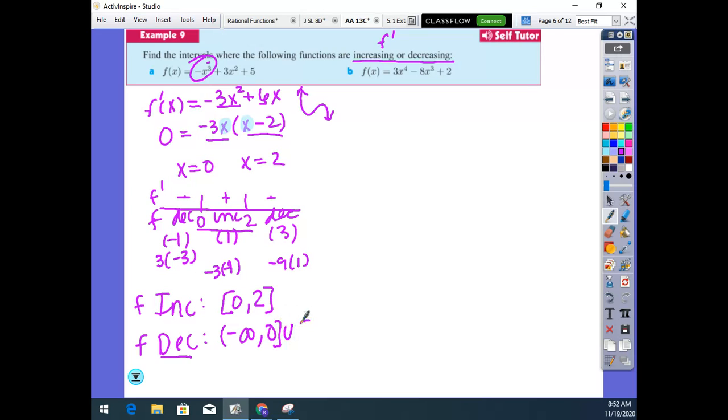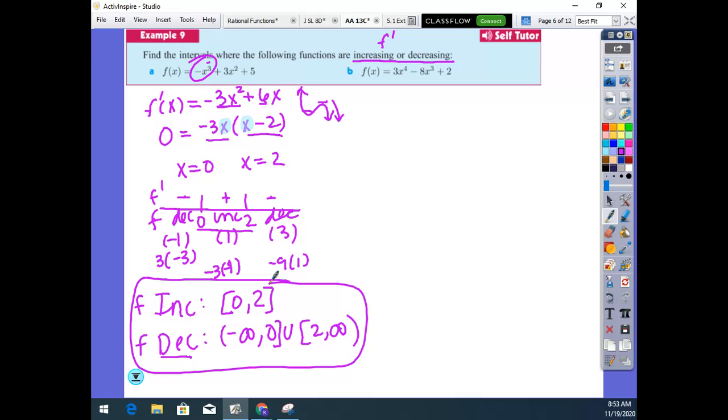We union that with 2 to infinity. So it's decreasing from -infinity to 0, and then from 2 to infinity. So you can kind of do a little sketch just to help you visualize it better, but this is our final answer.